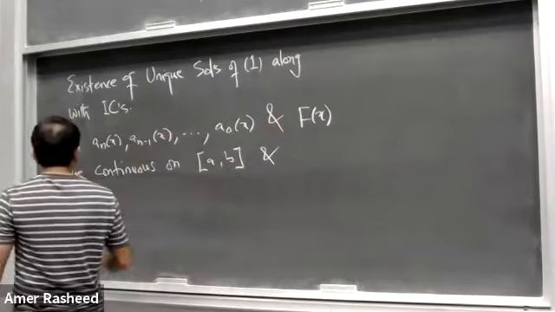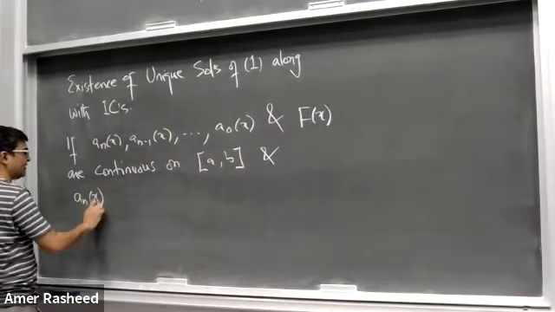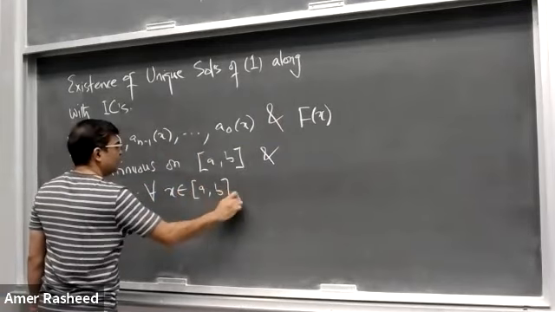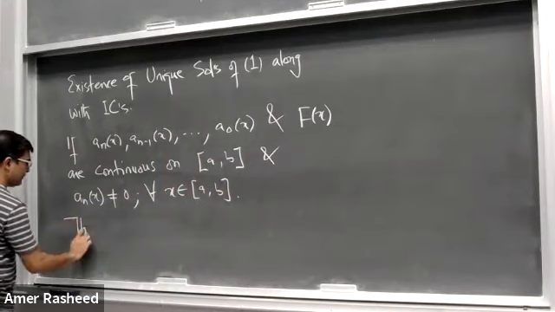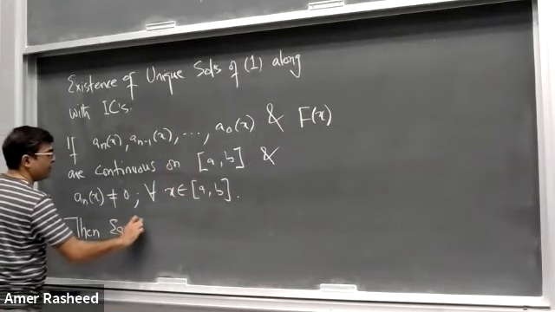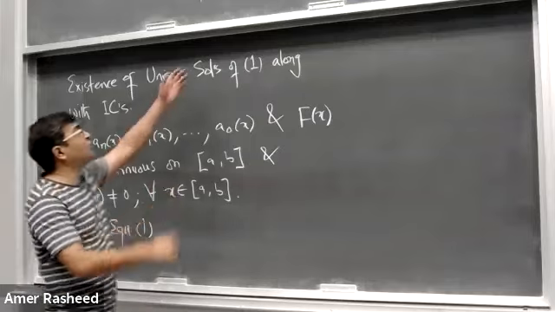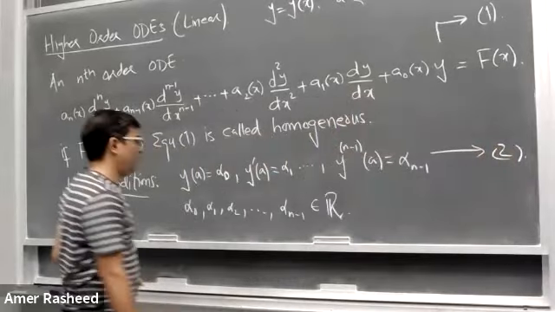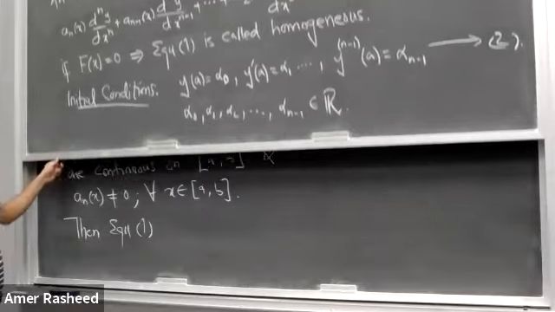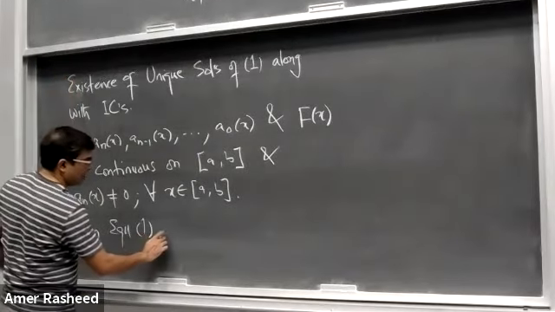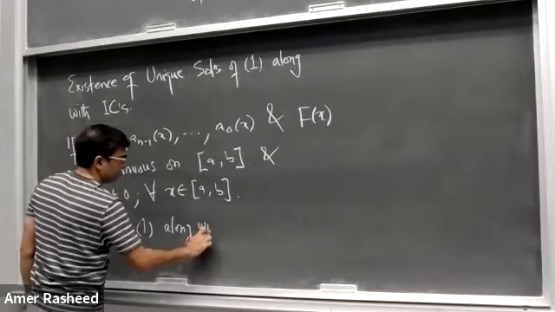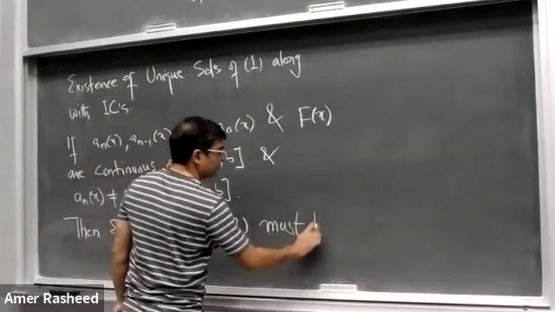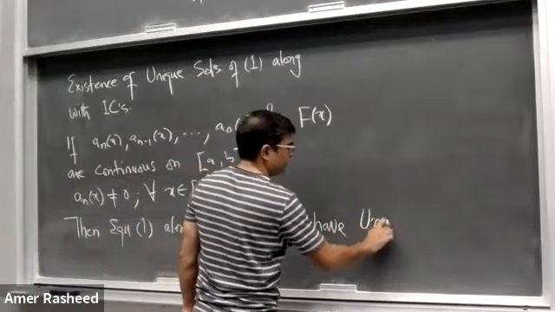and a_n of x is not equal to 0 for all x belonging to (a, b), then equation 1 along with 2, in which we have initial conditions, must have a unique solution.